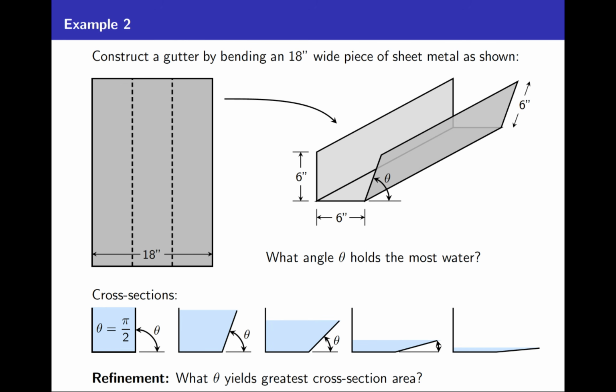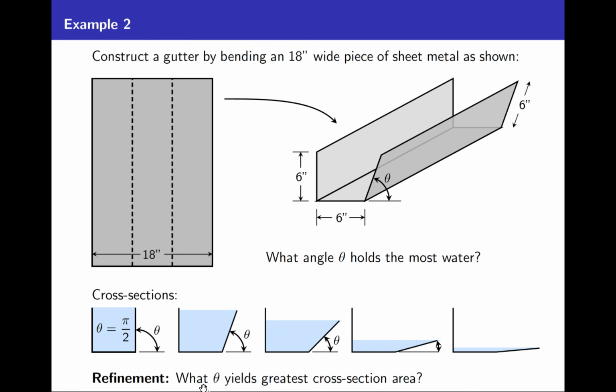So from looking at these cross sections, you can see that a refinement to this question would be, what angle theta yields the greatest cross-section area? Clearly, if the cross-section area like this is maximized for a particular theta, then the volume of the gutter will be maximized as well. So let's work with this simpler problem.